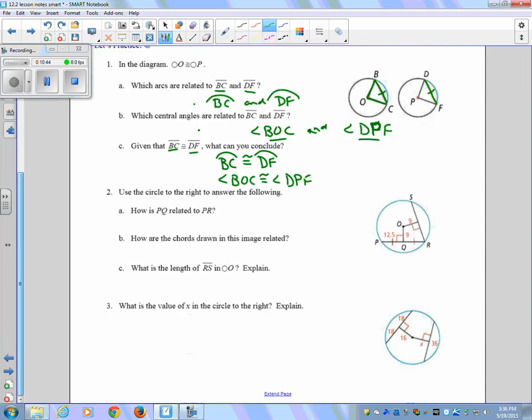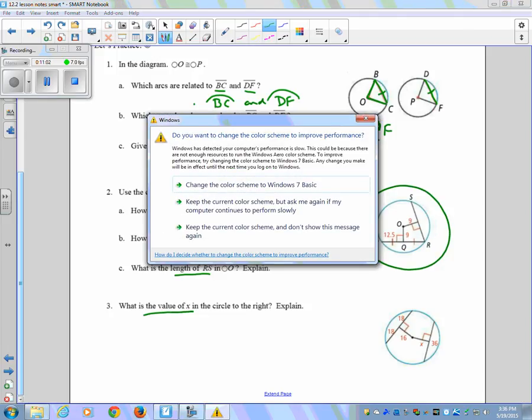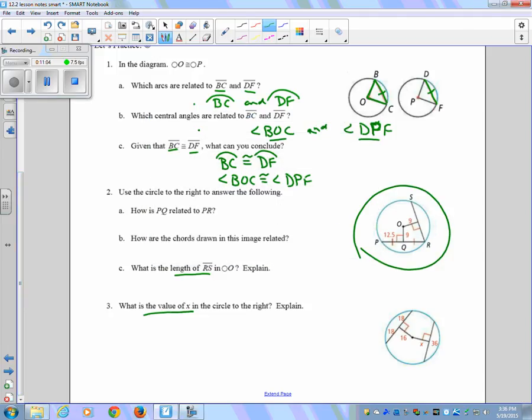Okay, so use the circle to answer the following. Let's do what is the value of x, and what is the length of RS. Looking at this diagram, what is the length of RS in circle O?